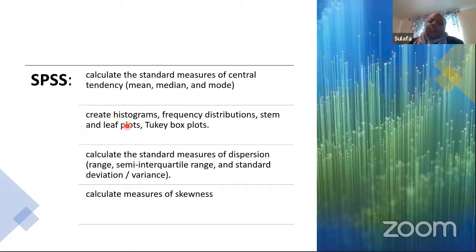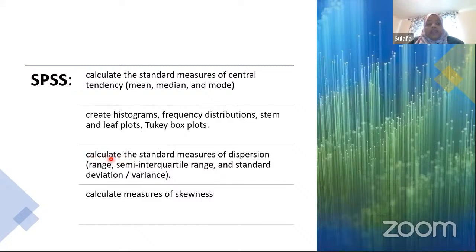Also, we can create histograms, frequency distributions, stem-and-leaf plots, and Tukey box plots. This is a visual display of our data. It's easy when you look at a histogram, you can very quickly determine the values of the data.